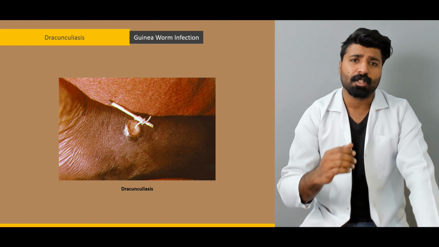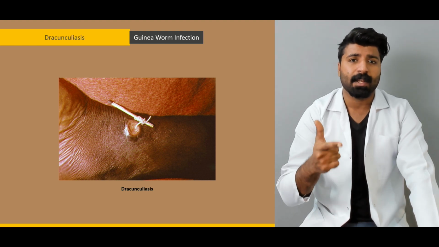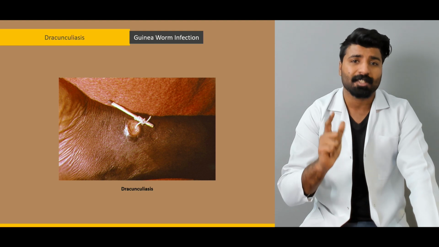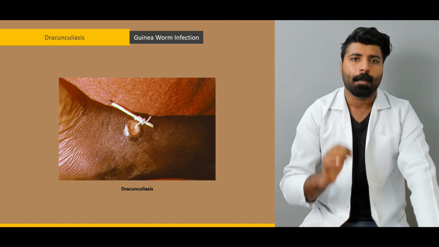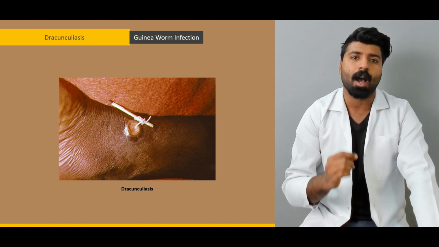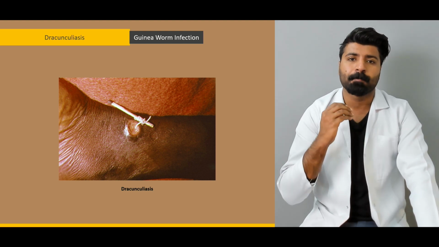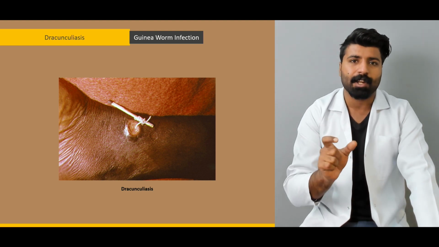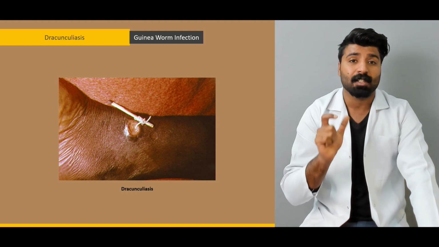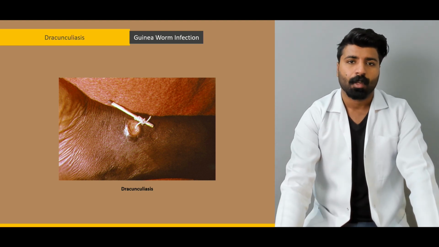They can also go to the head and the neck, but most of the cases that you and I are going to encounter will have this area and this skin layer involved.